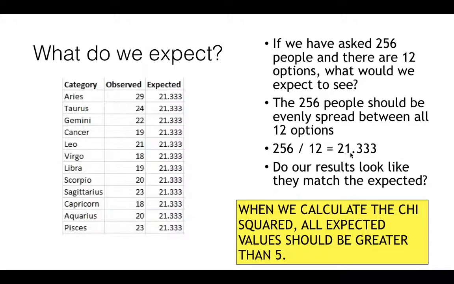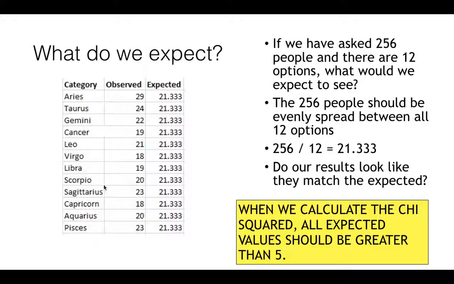And so that gives us 21.333. So we'd expect there to be 21.333 people in each group. When you come to calculate chi-squareds, your expected value should always be greater than 5.